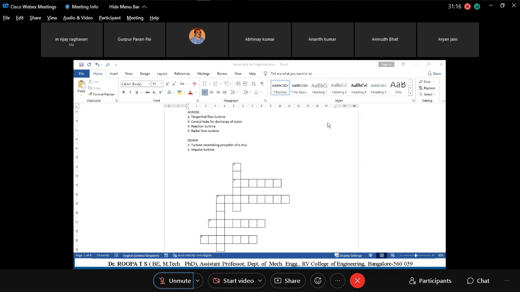Ma'am, the third one is repeated. No, it is having both horizontal and vertical. Across also it is there, down also it is there. Just you need to check which answer suits where.